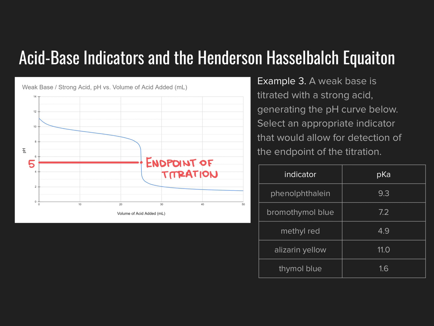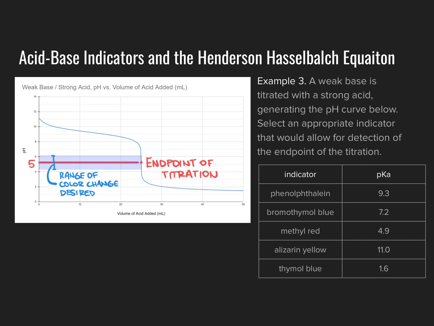So if the endpoint occurs at around a pH of 5, logically speaking, that would imply that the visible color change would occur over a pH range of plus or minus 1 pH value around that endpoint of our titration if we had selected the best indicator. So what I want to look at then is the list of available indicators they've given us here.